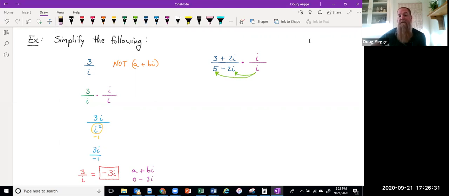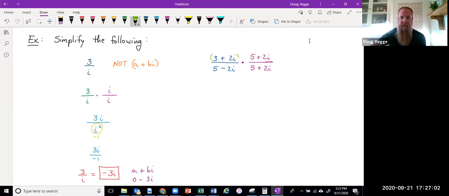And so I really haven't eliminated the imaginary number in the denominator, so multiplying by i isn't going to work for us. But you might remember that when you dealt with two terms in radicals, multiplying by the conjugate got rid of the radical. So let's see what happens then when I multiply by the conjugate of the denominator.